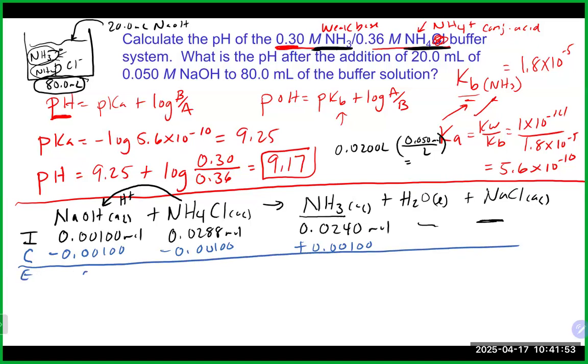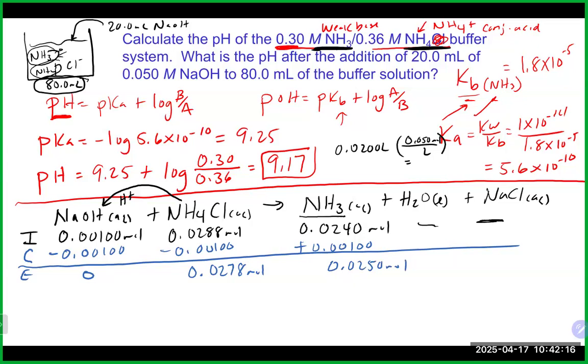That's going to zero out our sodium hydroxide. That's going to get us 0.0278 moles, and I'll remember to actually add on the other side there, and that's going to give us 0.025 moles of this guy.